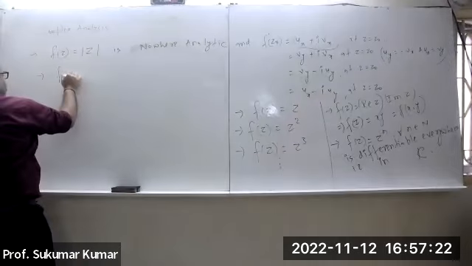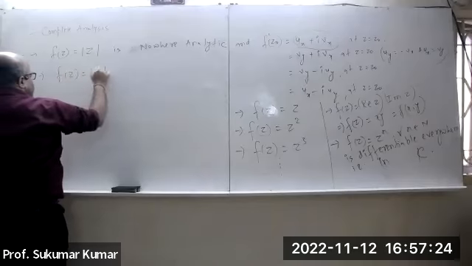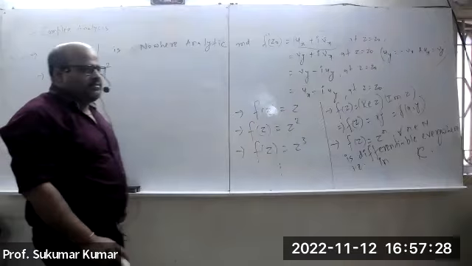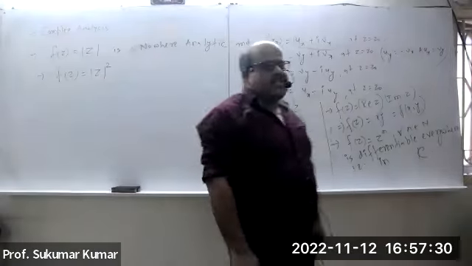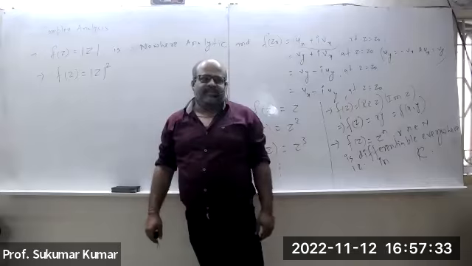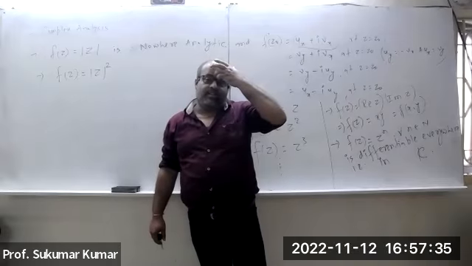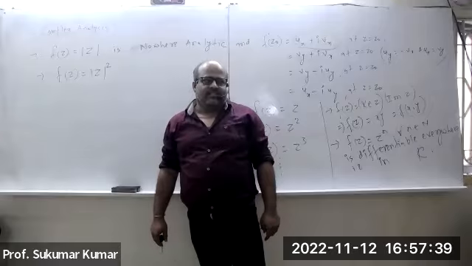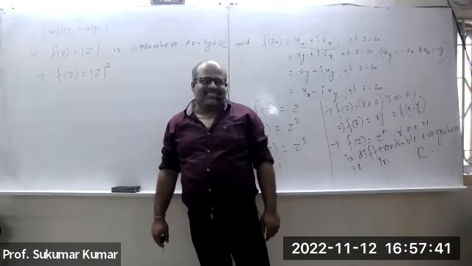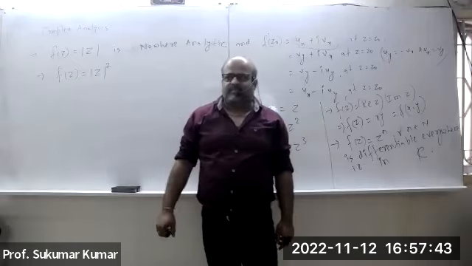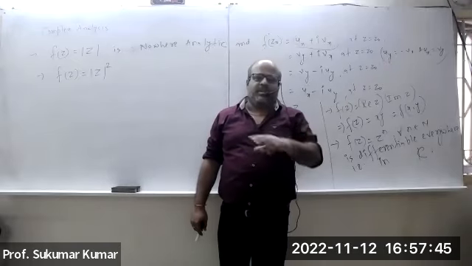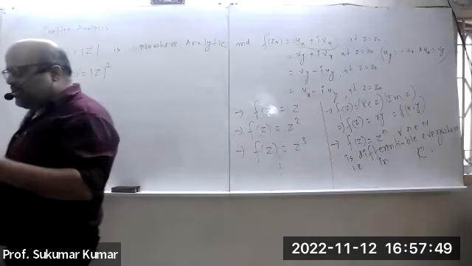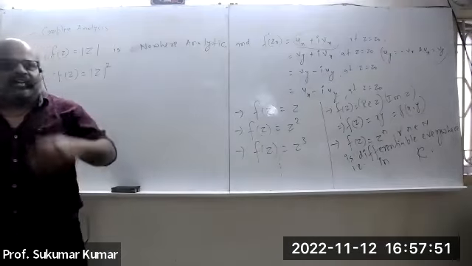What about if mod z squared is given at 0? Zero is differentiable, then is 0 analytic or not? Not analytic. Why? This is differentiable at 0, but in a neighborhood of 0 it is not differentiable. So at 0 first write not analytic, again write nowhere analytic.